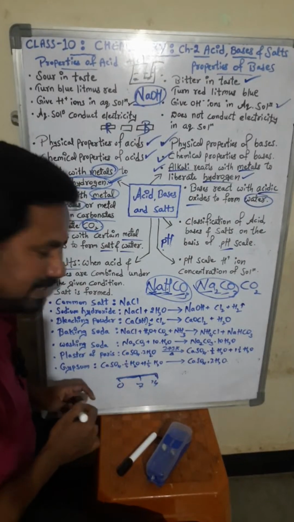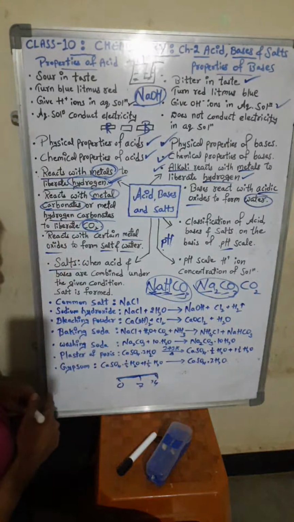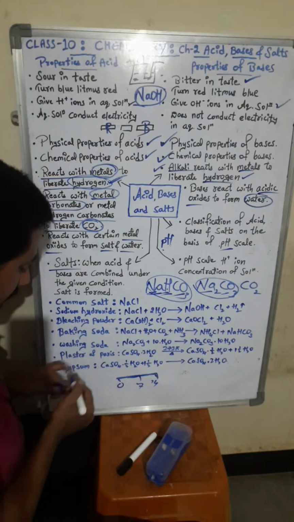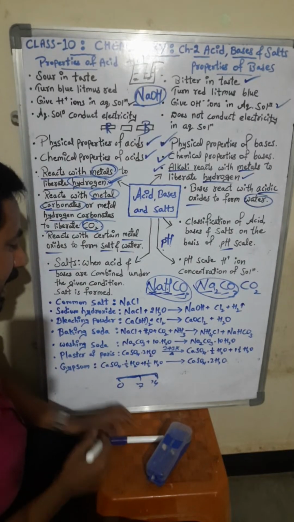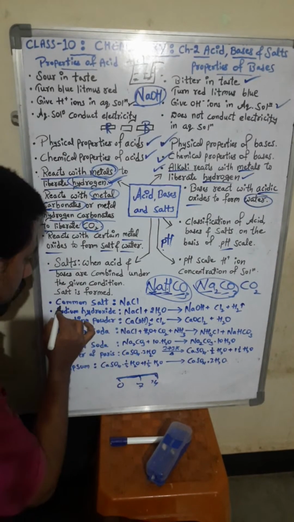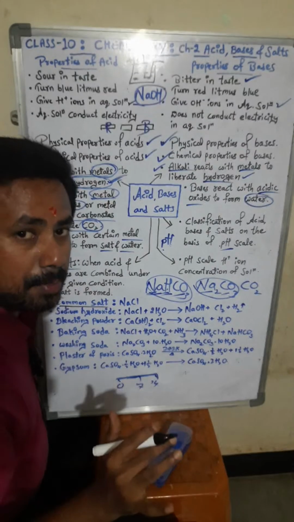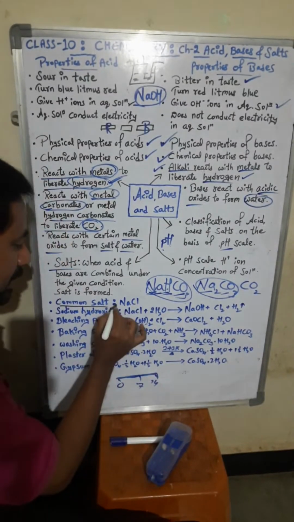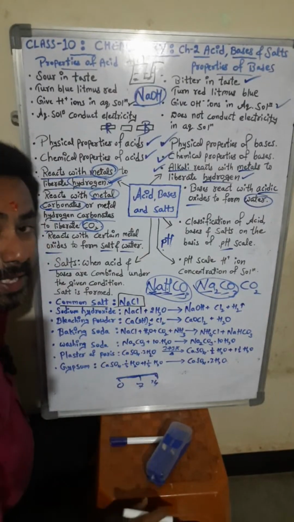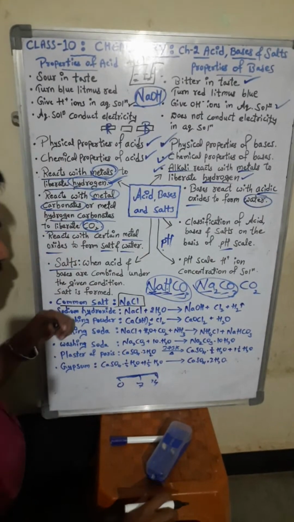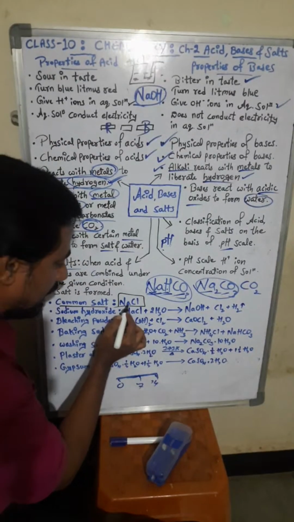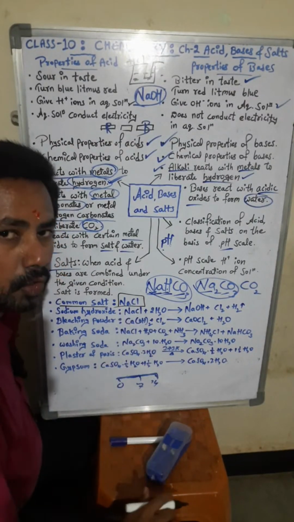These are some of the basic things you have to remember, everybody. Common salt we are using in our house. That is NaCl. NaCl is known as common salt, also table salt. Another name is sodium chloride, the chemical or scientific name. Na means sodium, Cl is chlorine.